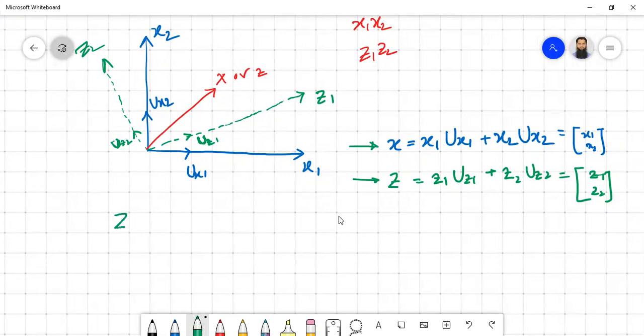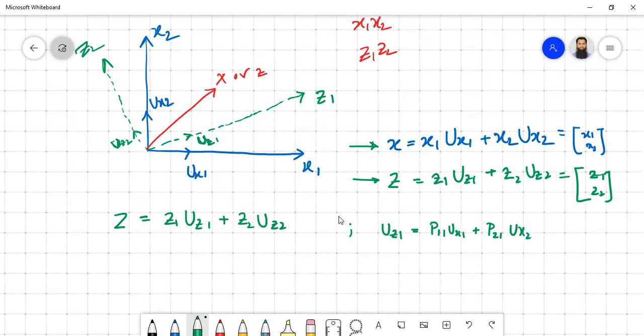So Z, as I said, is nothing but Z1 uz1 plus Z2 uz2. So uz1 and uz2 are the bases. So now we can also represent the basis uz1 in terms of the basis vectors of X, that is, say, P11 ux1 plus P21 ux2.